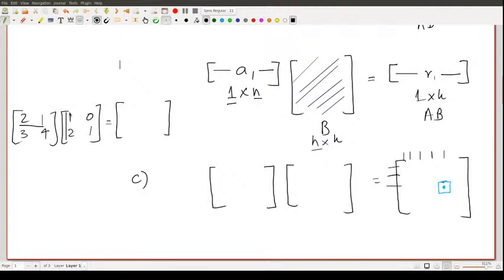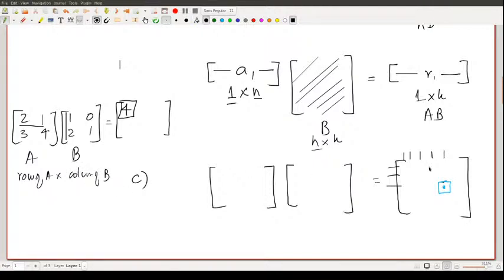So 2 times 1 plus 1 times 2, that gave me 4. That's how I got one entry of this matrix, right? So to get one entry of the product, you take one row of the first matrix, let's call it A, times a column of B.